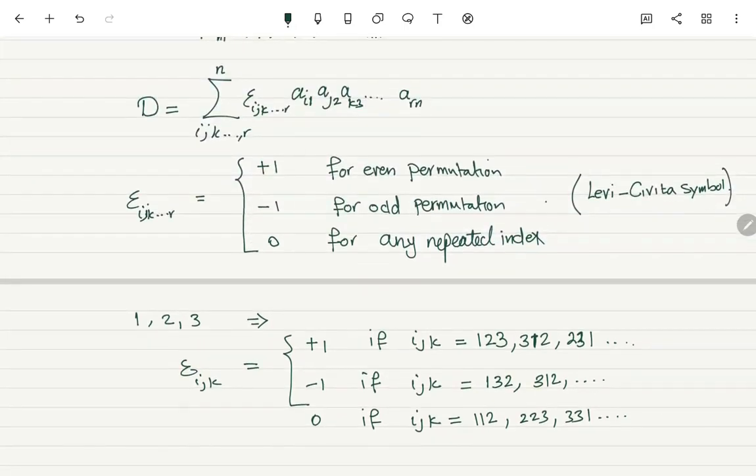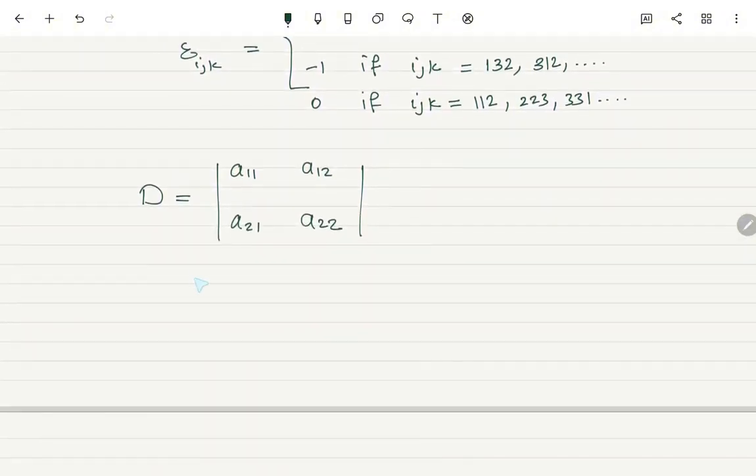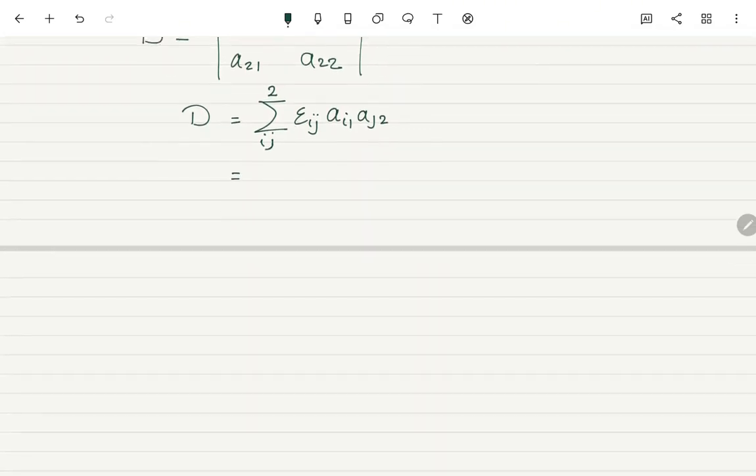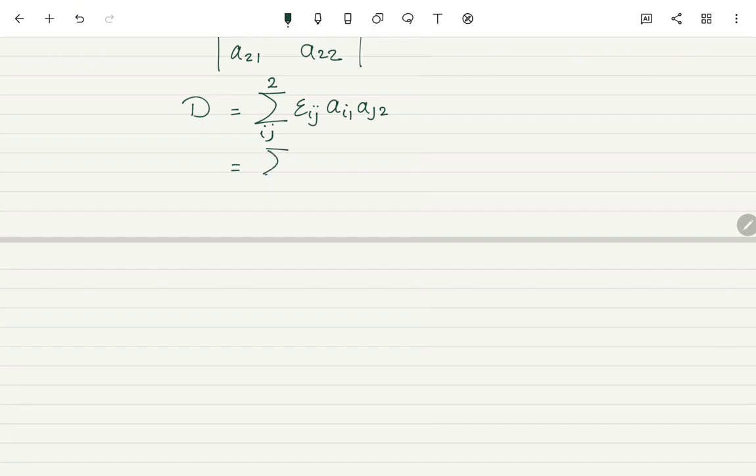Using this rule to find the value for this determinant, D will be equal to the summation, and we have here only two indices, I and j, and n is 2, epsilon ij, a I1, a j2. Let's solve it for I first, then solve it for j.